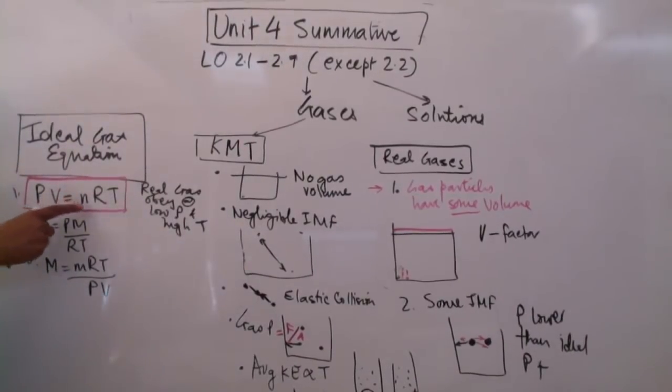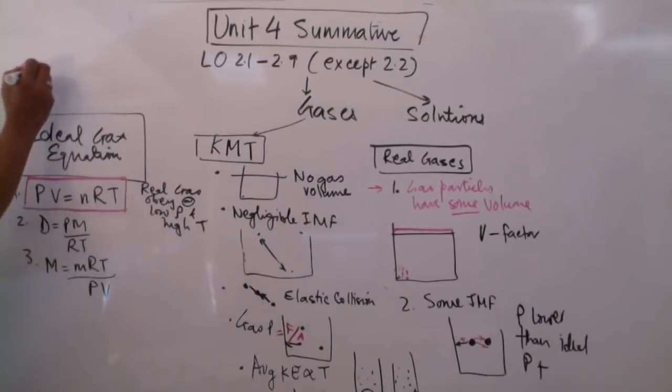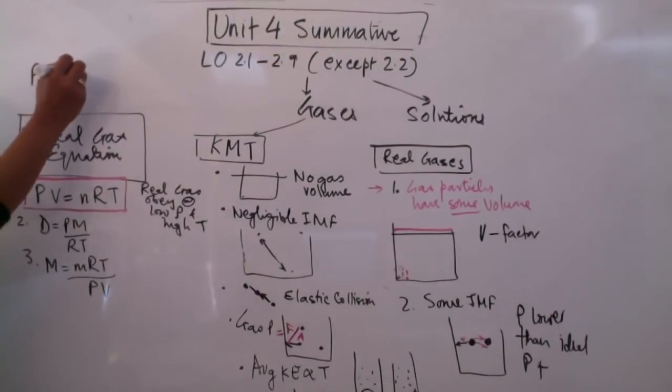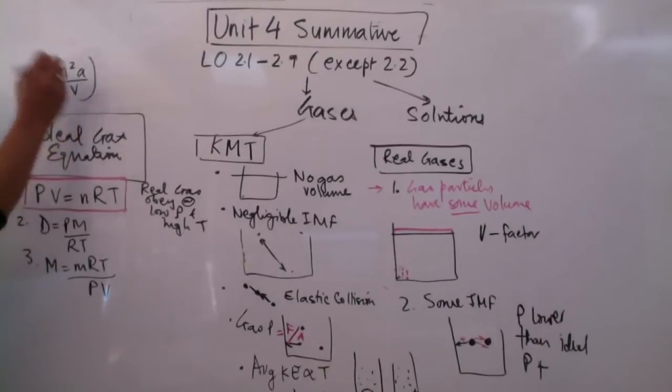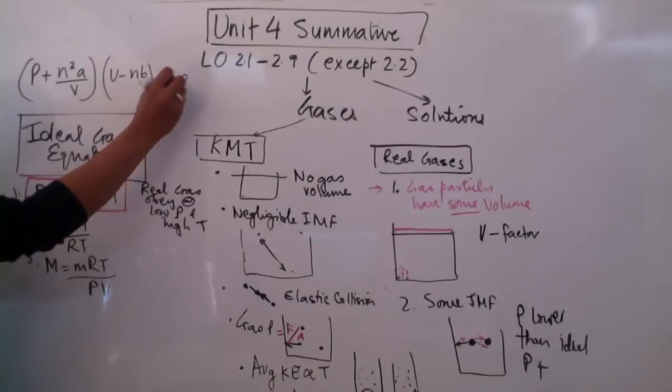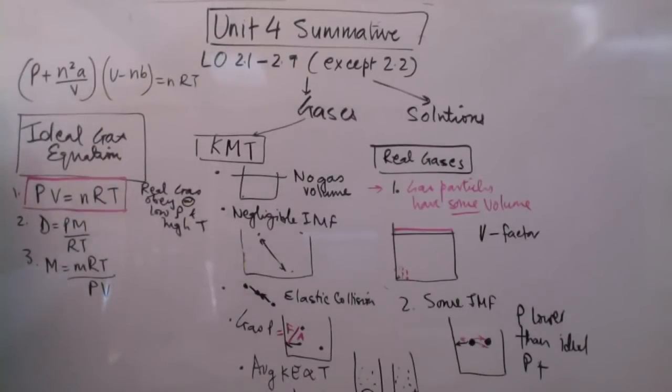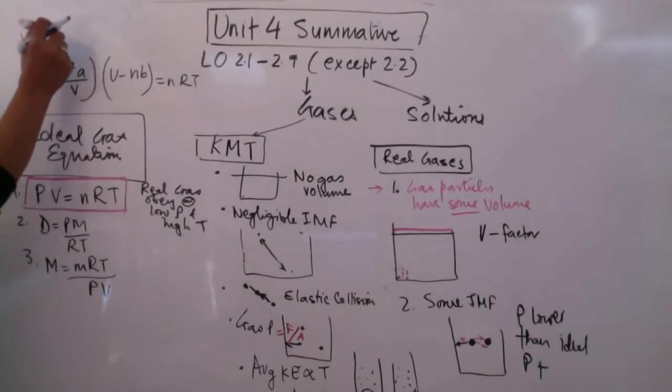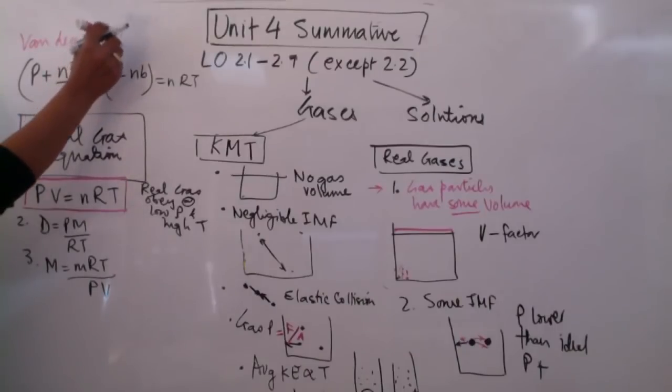To modify it to fit with the real gases, it is (P + n²a/V²)(V − nb) = nRT. It's called the van der Waals equation.